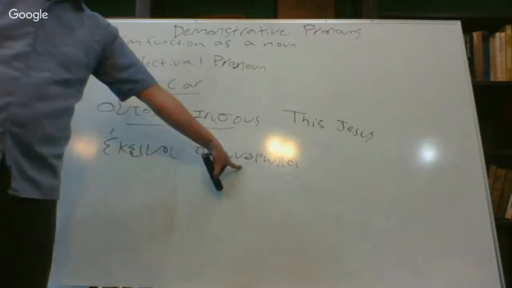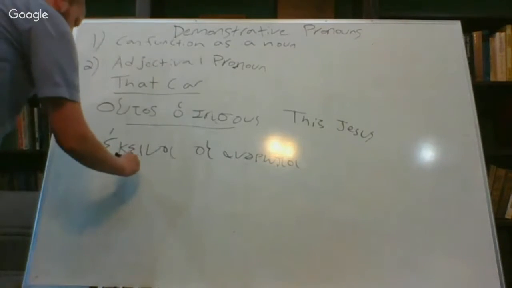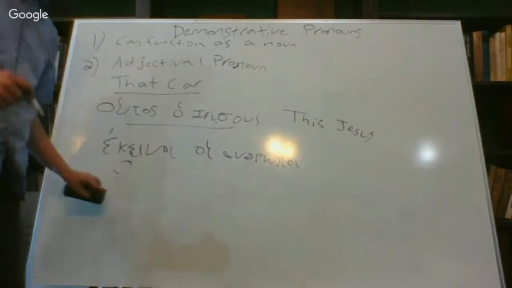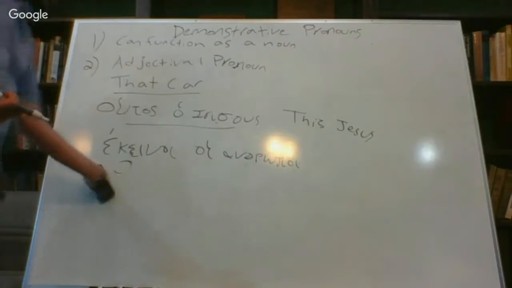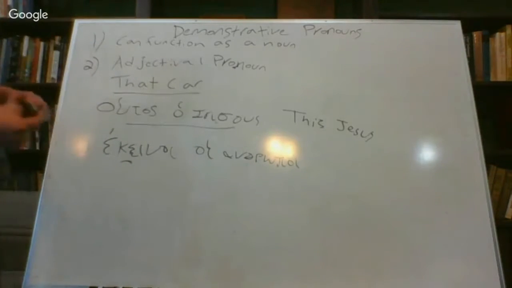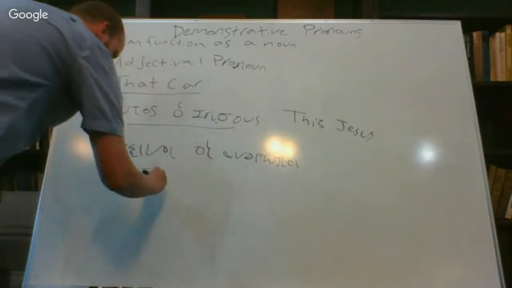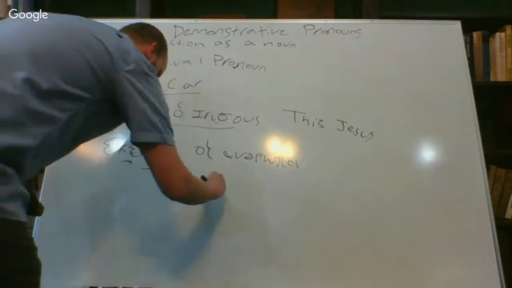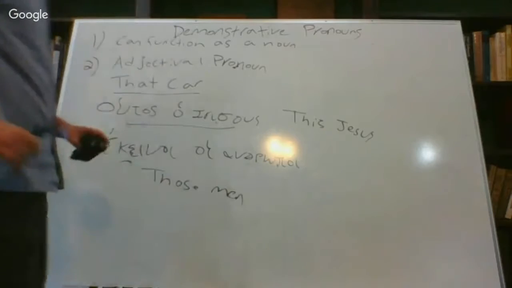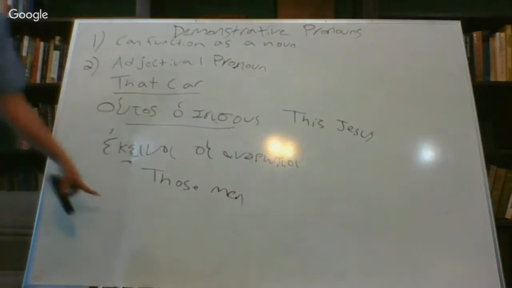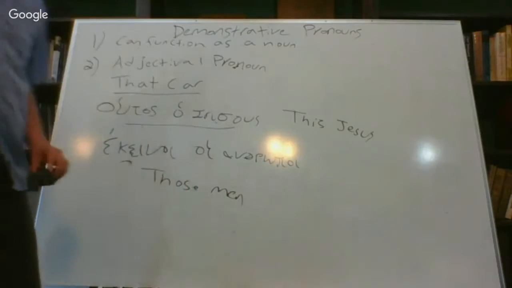Ekeinoi, hoi, anthropoi all agree in case, number, and gender. Again, we have to see it work that way. And we would translate this one, those men, as it is functioning adjectivally.